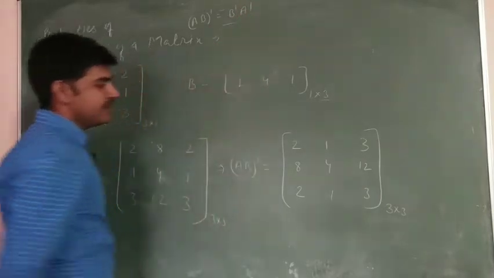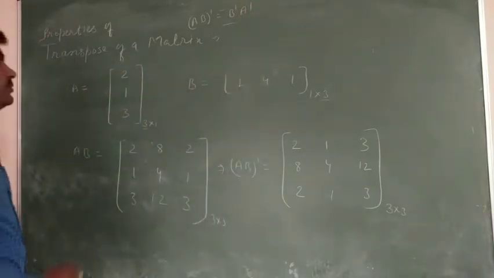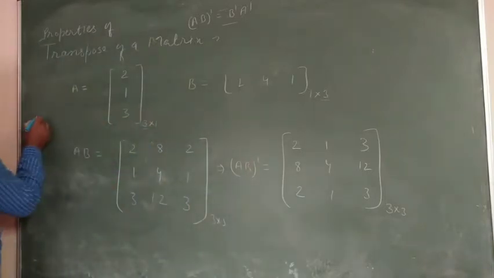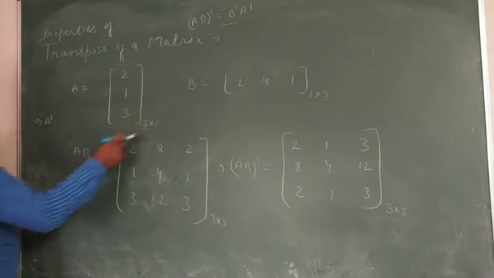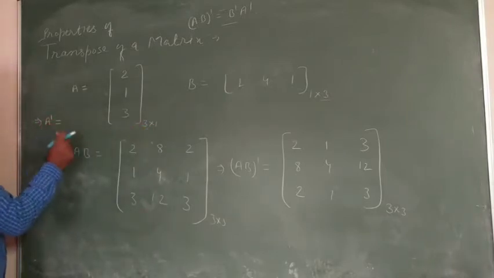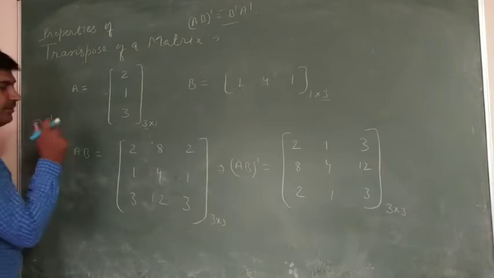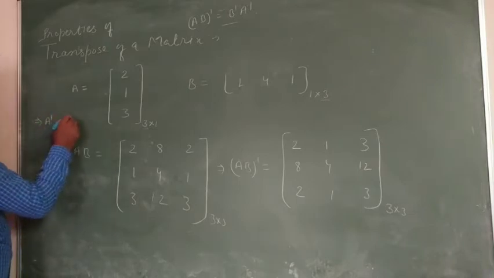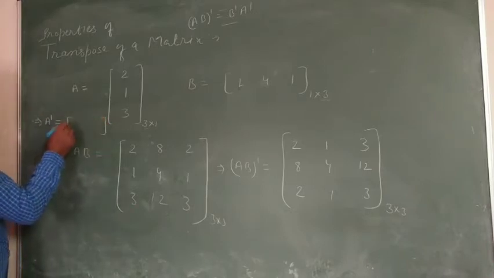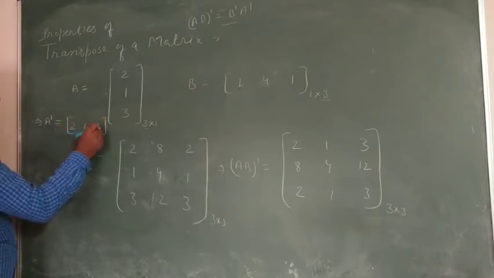Now, as we have found AB whole dash, with the help of A we can find A dash. Since the order of A is 3 by 1, the order of A dash will be 1 by 3. So it will be a row matrix with the elements 2 1 3.